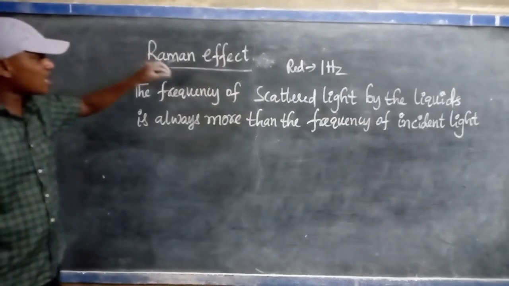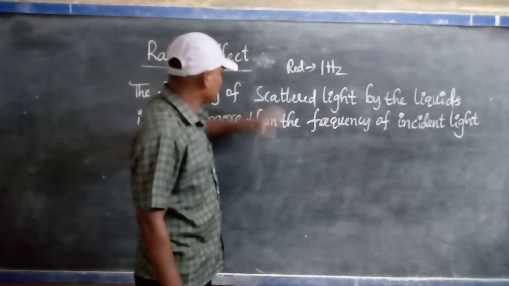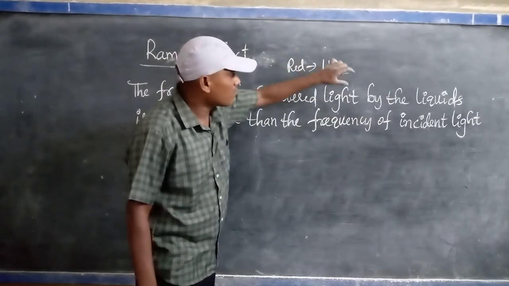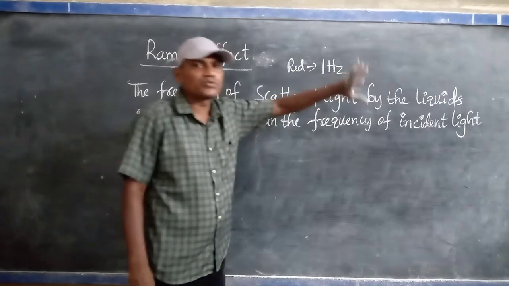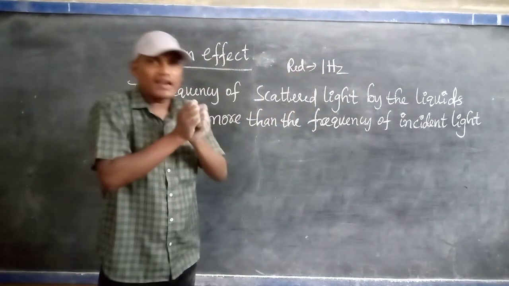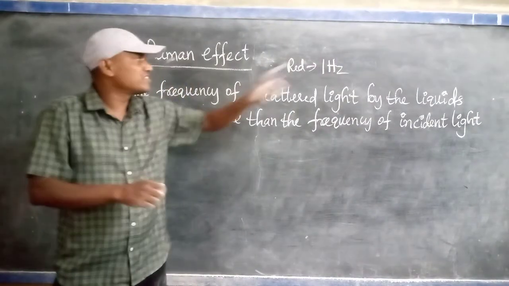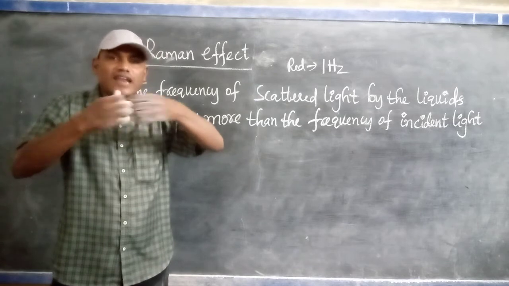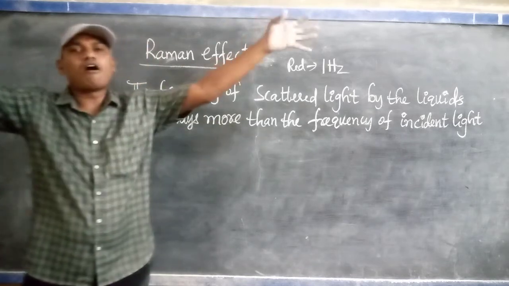So when red light falls on the liquids, the liquid molecules first absorb the red light with this much frequency. Again, they re-emit the light by the scattering property in all directions.